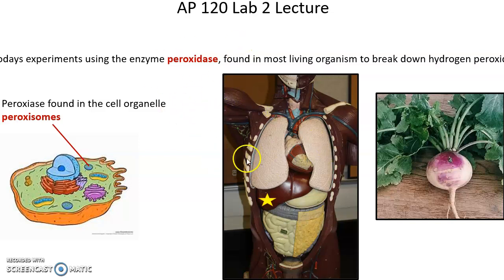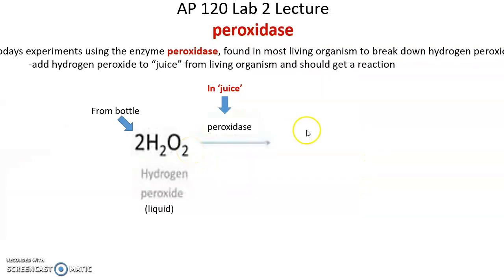So in the lab, we'll be using turnip juice, but we also could have used liver. I don't know, turnip juice is a little less messy in my mind. The way it'll work is we will have hydrogen peroxide coming from a bottle. This will be a liquid.